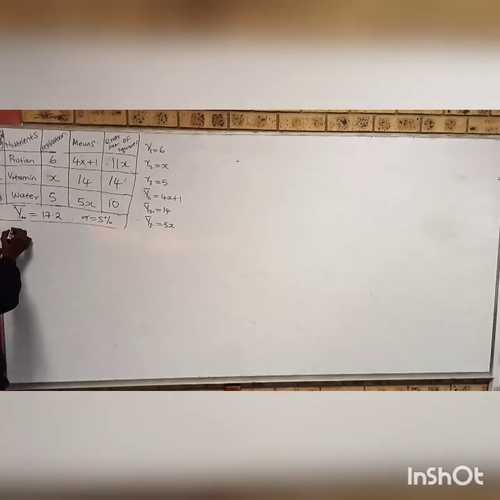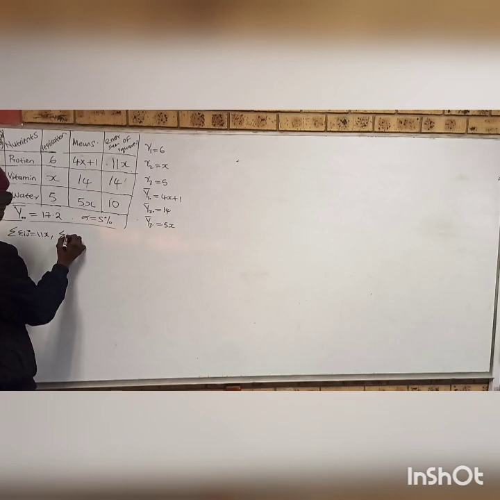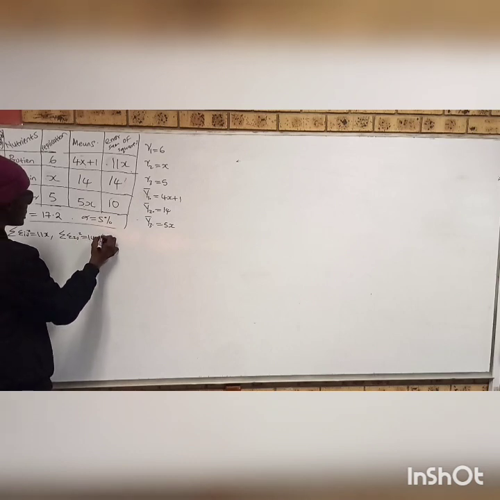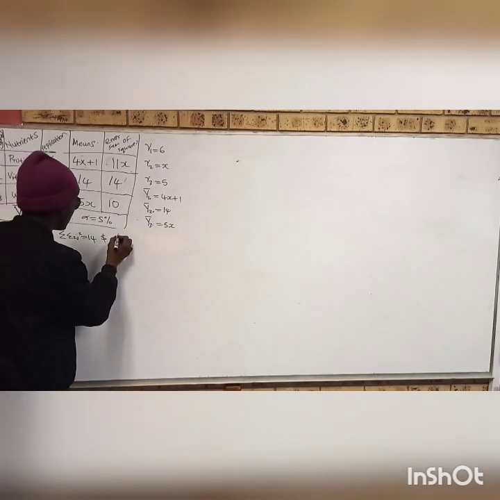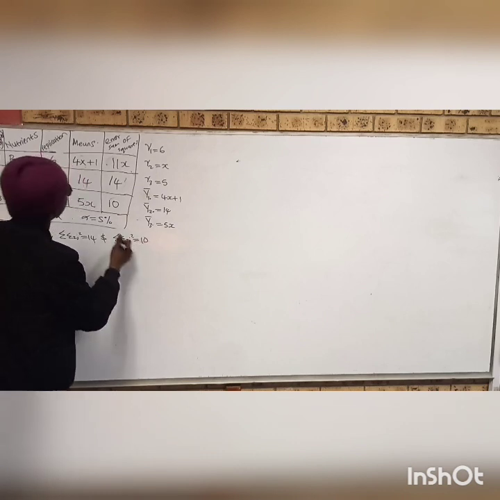We're given the summation of E1j squared, which is 11x, the summation of E2j squared, which is 14, and the summation of E3j squared, which is 10.